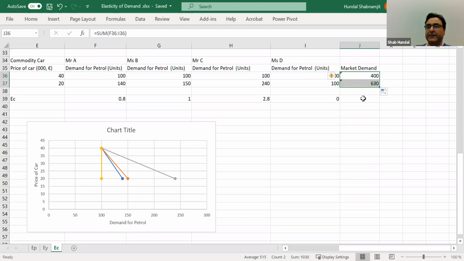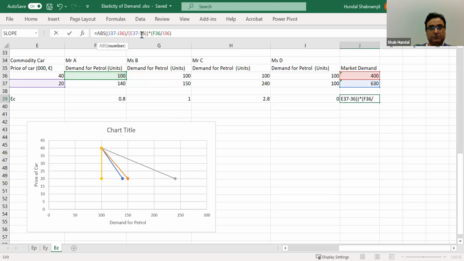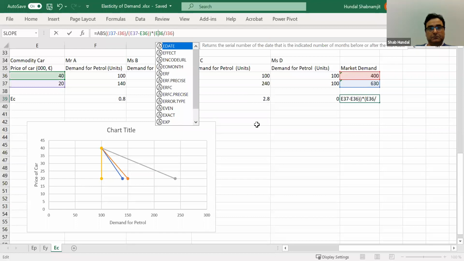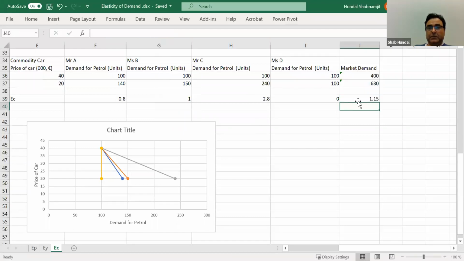So the market demand is basically the sum total of all the individuals living in the society. But see here, the overall market demand is really more than 1.